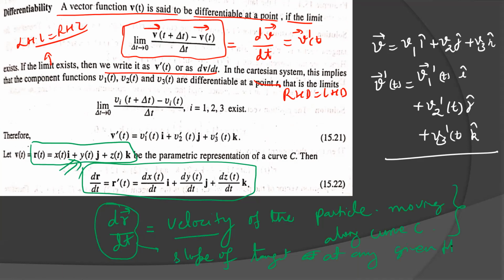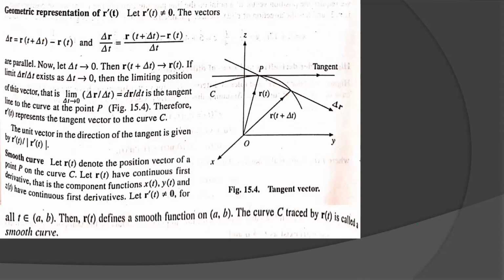You have to use that point here. If you use t equal to some t naught, then it will give you the tangent to the curve at point t equal to t naught. We are finding here the tangent at P, which is t equal to t naught, or in Cartesian form x naught, y naught, z naught.